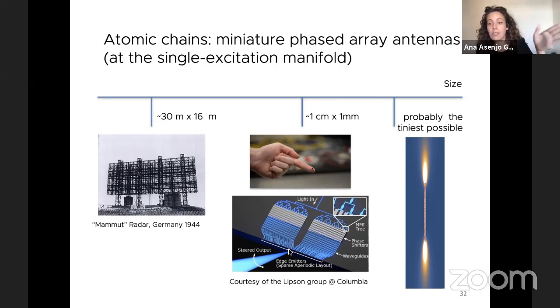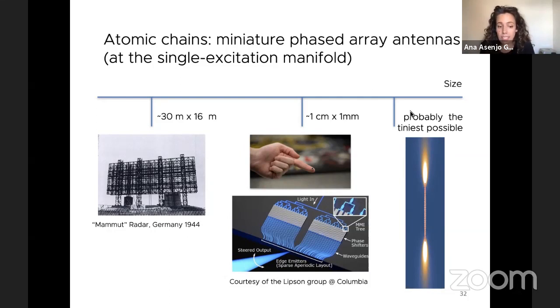By imprinting this phase, they can move the beam. For instance, they can put this on top of a car, and the car can see if there are obstacles. This is a beautiful picture, courtesy of the Lipson group at Columbia. In the case of atoms, they are probably the smallest phased array antennas.